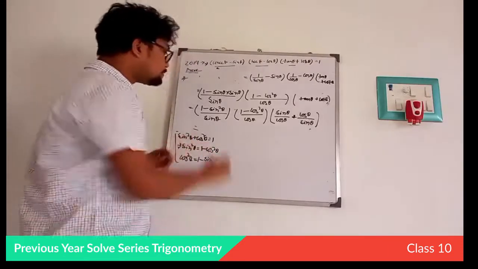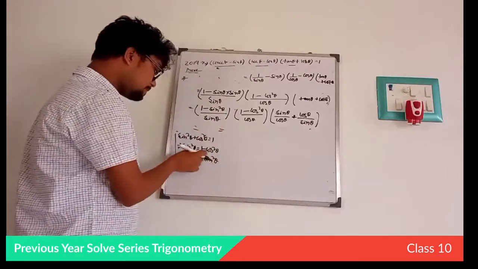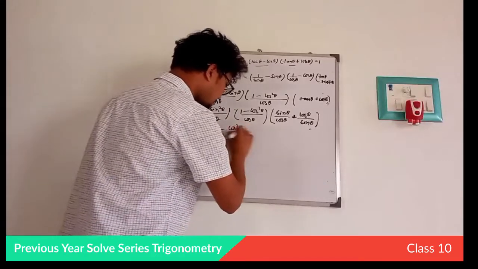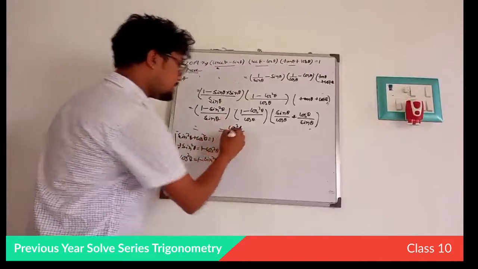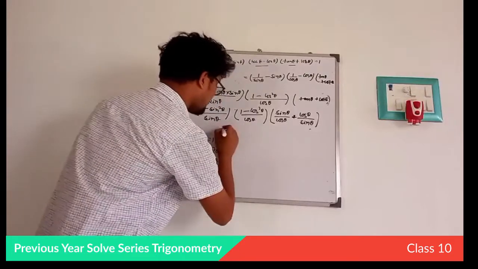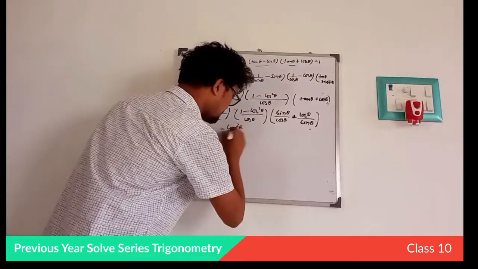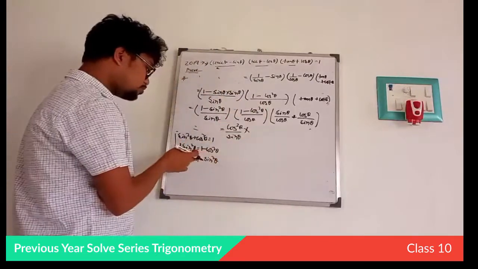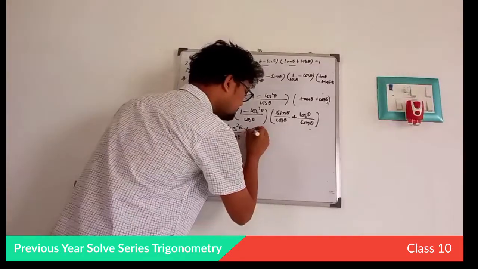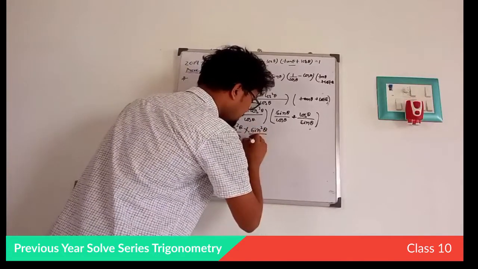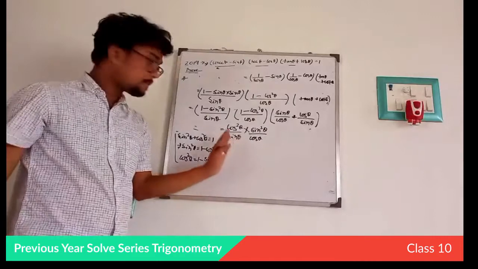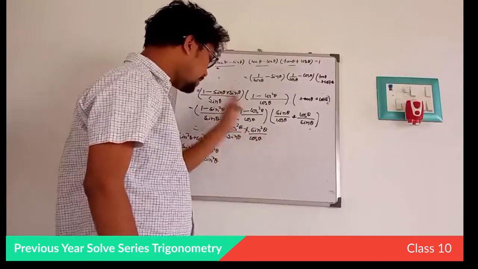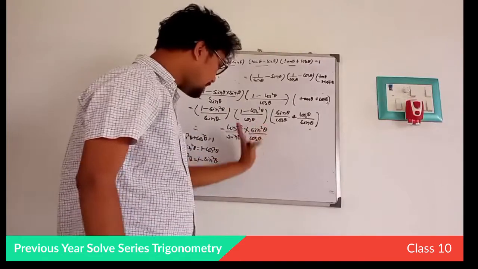Now put this value. 1 minus sin square theta means cos square theta by sin theta, into 1 minus cos square theta, which is sin square theta by cos theta.